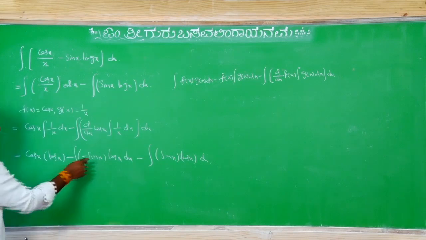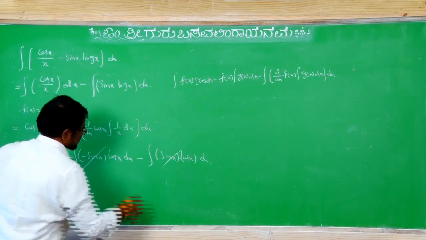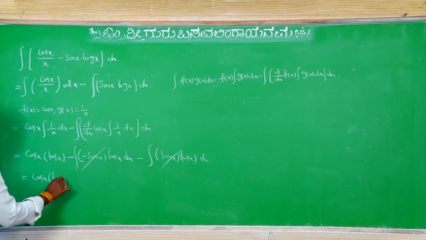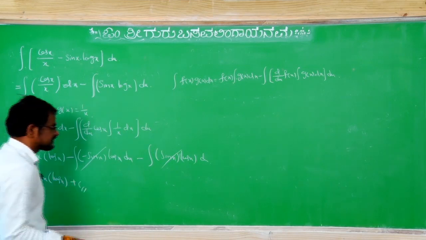Minus of minus plus, this one and this minus get cancelled. What is remaining? cos x log x plus this is remaining.